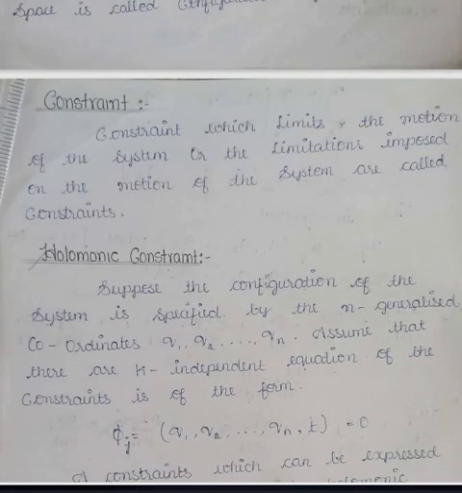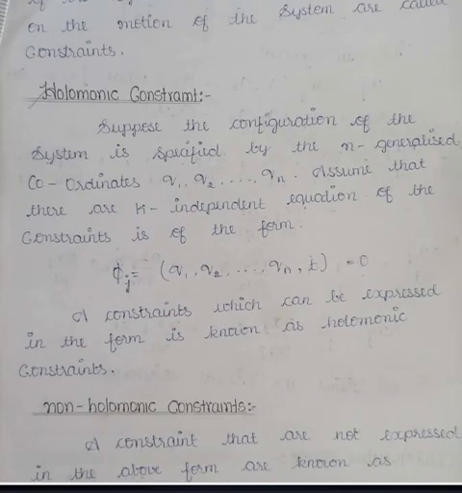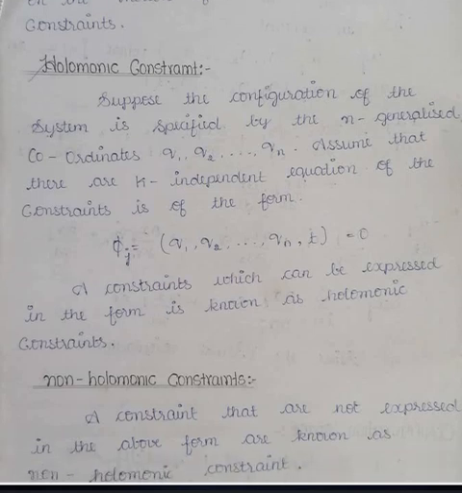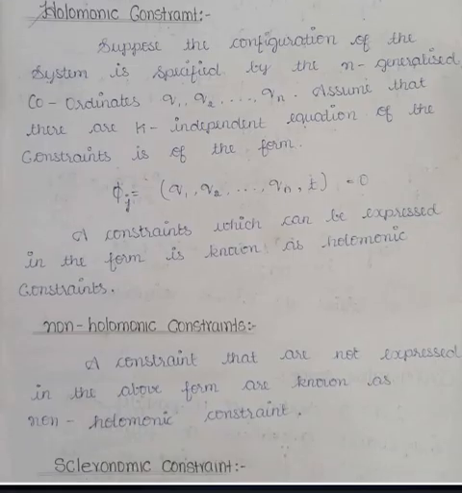Constraints which limit the motion of the system, or the limitations imposed on the motion of the system, are called constraints. First, we define holonomic constraint. Suppose the configuration of the system is specified by n generalized coordinates q1, q2, etc., qn. Assume that there are k independent equations of constraint of the form phi j of q1, q2, etc., qn, comma t equals 0.